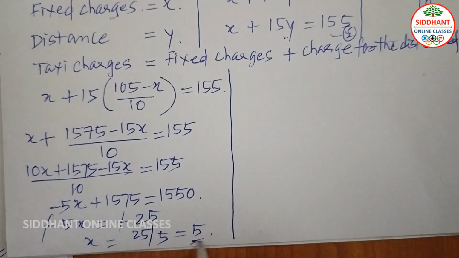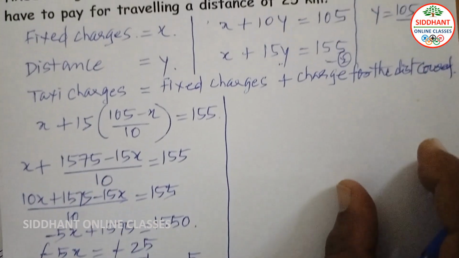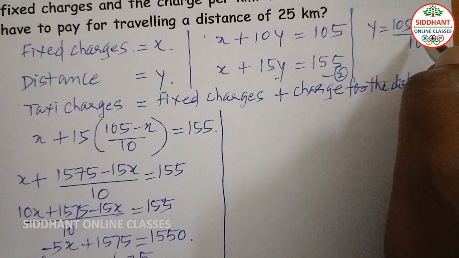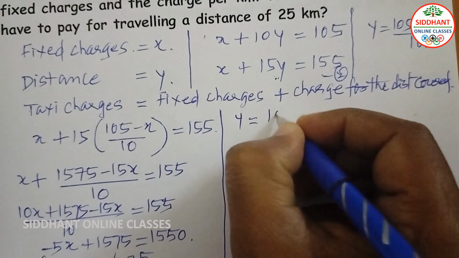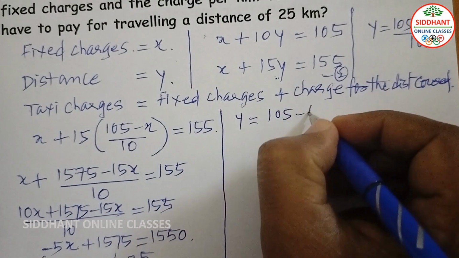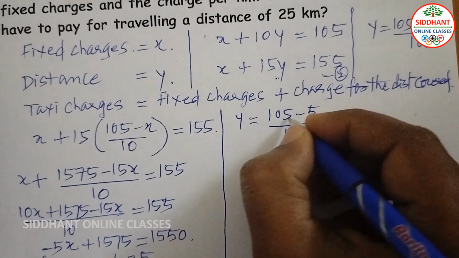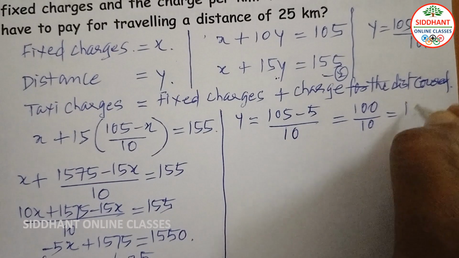So x is 5, y equals how much? So we know y equals 105 minus x by 10. So y equals 105 minus 5 by 10 here. So 105 minus 5 means 100 by 10, that equals 10.